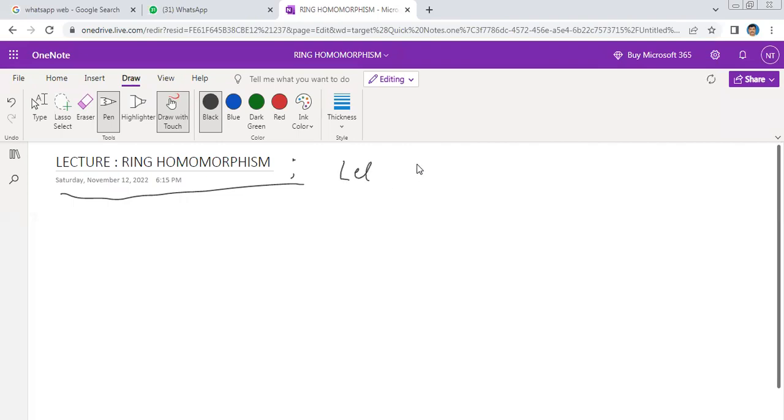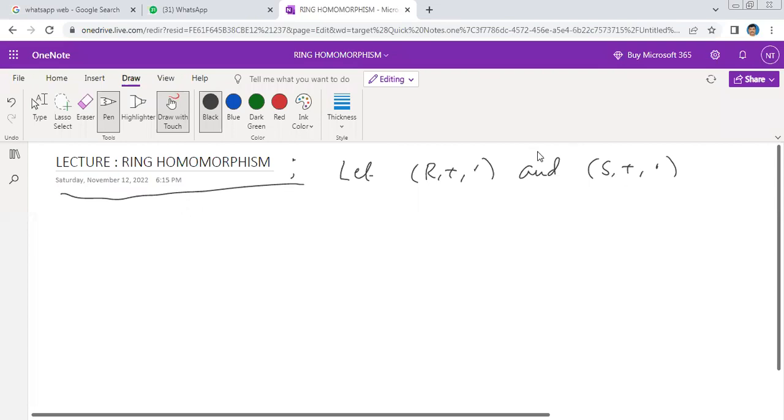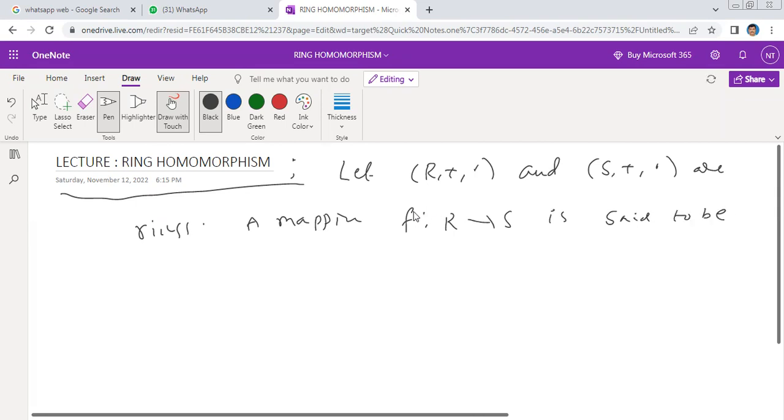I'm taking two rings. One is R, plus, dot, and another ring S, plus, dot. A mapping f from R to S is said to be a ring homomorphism if it satisfies the following two conditions.